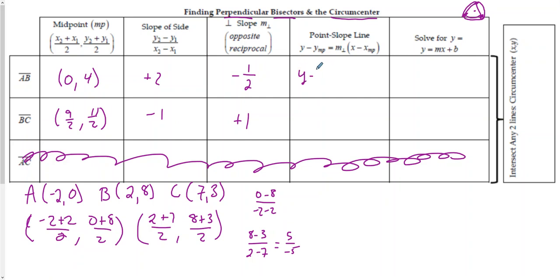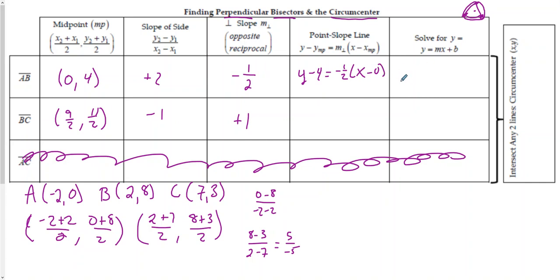So y minus 4 equals -1/2. Sorry, I made a mistake there. It is y minus y1 equals m times x minus x1. So hold on one second. We end up with y minus 4 equals -1/2 times x minus 0.